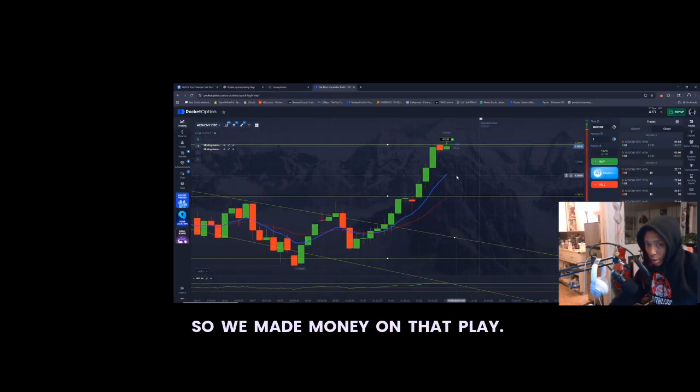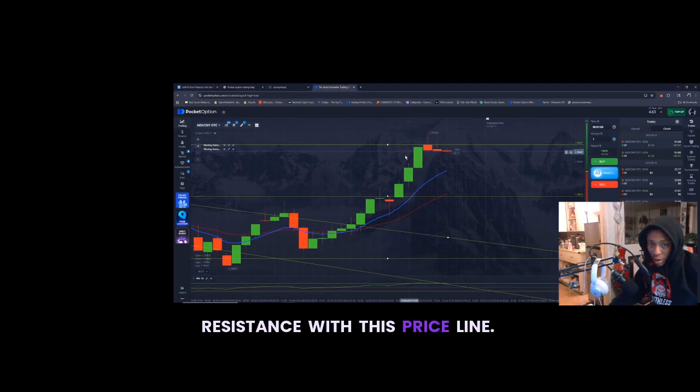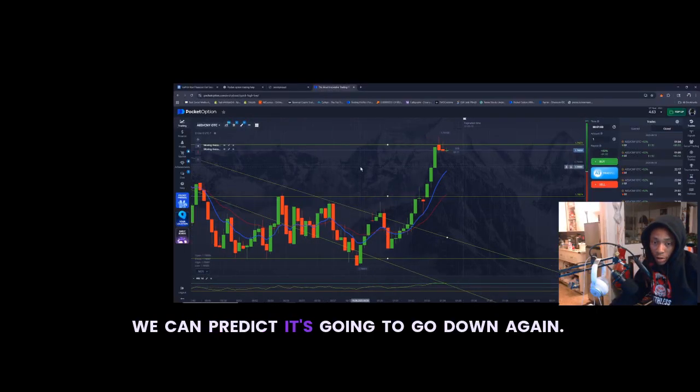So we made money on that play. See, there's clearly resistance with this price line. We can predict it's gonna go down again.